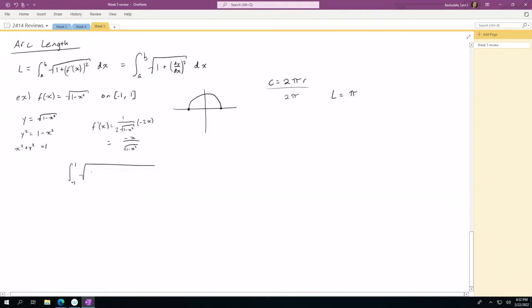Okay, so then we have 1 plus (-x over square root 1 minus x squared) squared, right? This is my 1 plus my derivative squared.